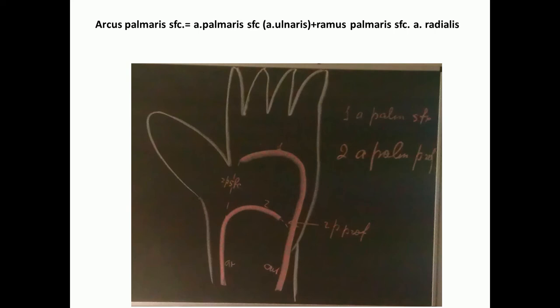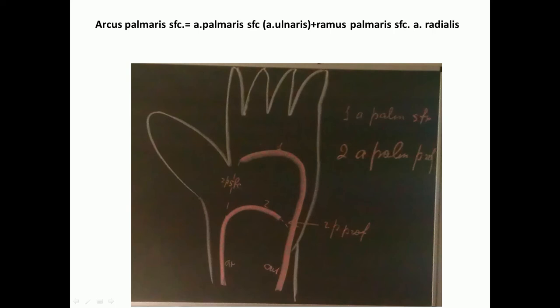So arcus palmaris superficialis, it's an equation: arcus palmaris superficialis equals arteria palmaris superficialis from arteria ulnaris, plus ramus palmaris superficialis from arteria radialis.